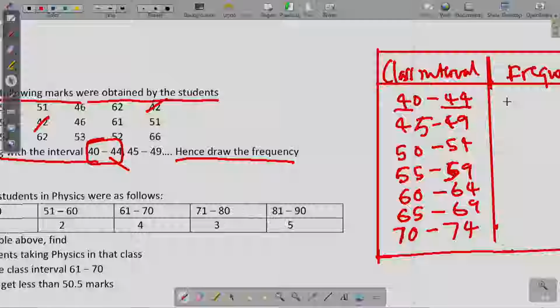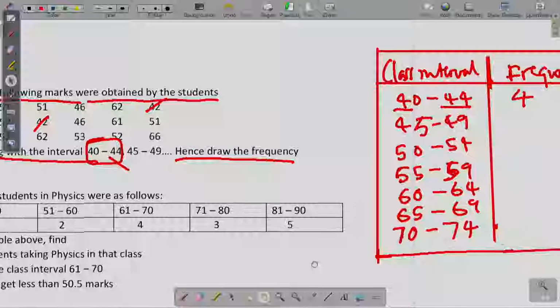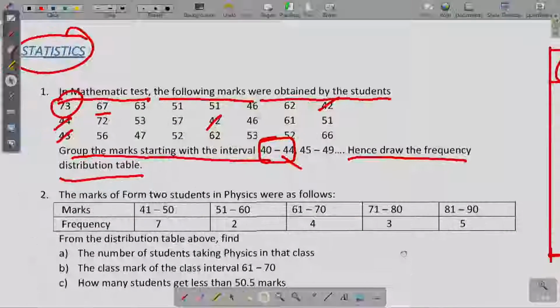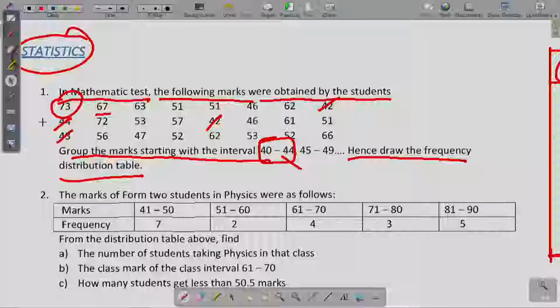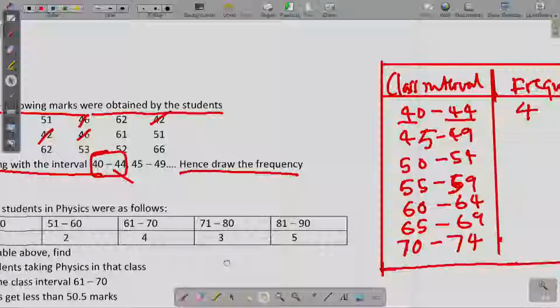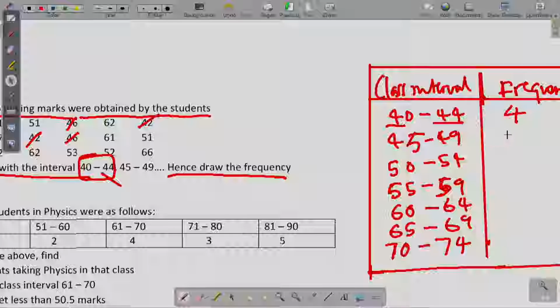So here we fill in frequency 4. And now from 45 to 49: 1, 2, 3. So here I get 3, and I will fill 3.